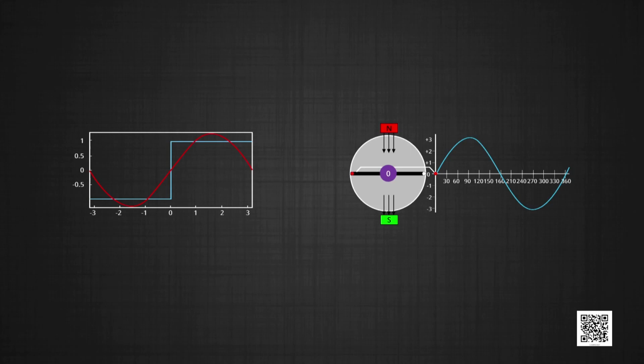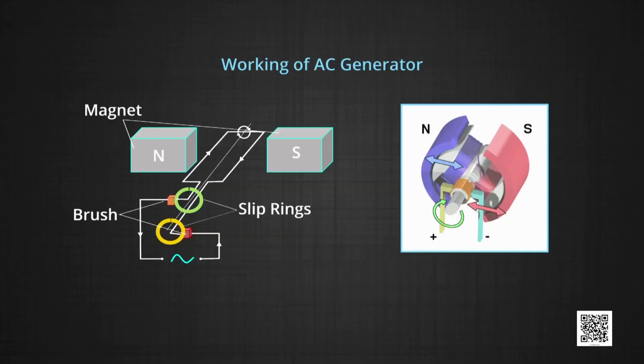Look at this diagram. We see a magnetic field and in between there is a coil rotating, and the wave is forming like that. That waveform shows how the angle is changing, and the wave looks like a sine wave. Now, we will talk about how the AC generator works. Look at the picture where we have a magnet and in between the magnet there is a coil.